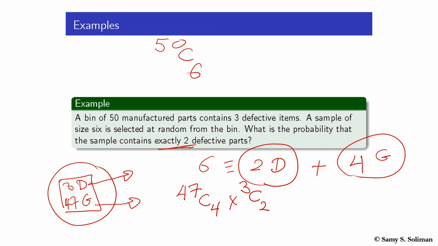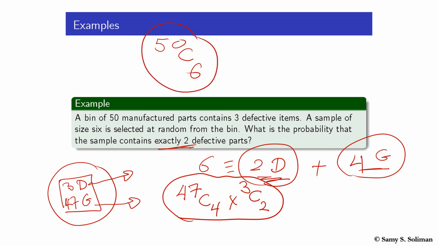So this is the total number of ways to have such a sample which has 2 defective items and 4 good items. To calculate the probability of such an event, we divide this number of possibilities by the total number of possibilities of having any sample of 6 out of the 50 manufactured parts.